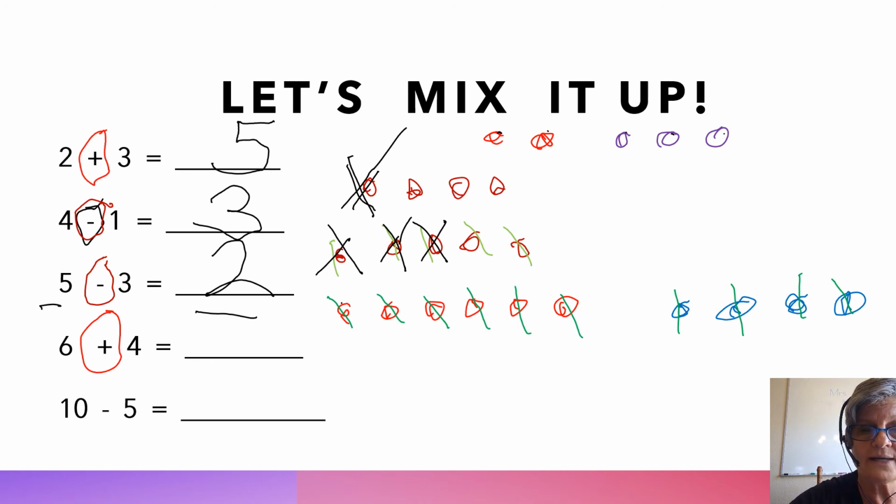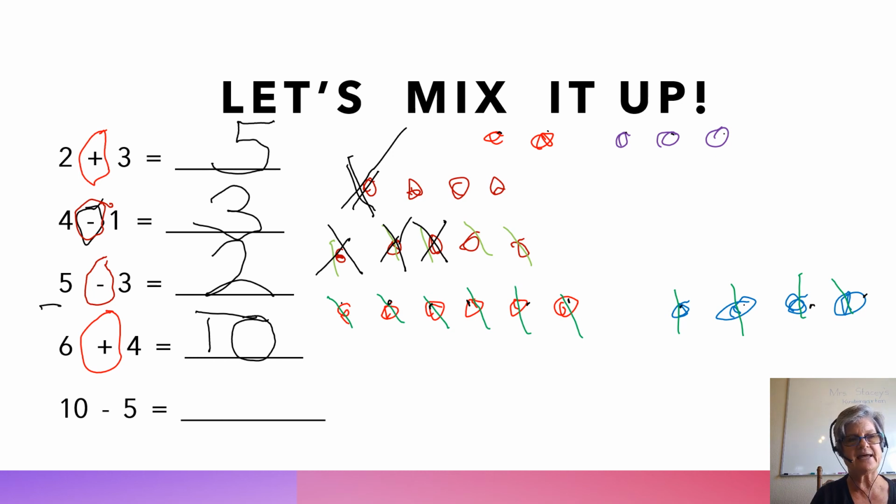I go 1, 2, 3, 4, 5, 6, 7, 8, 9, 10. And I have 10. It's a 1 and a 0 is 10. 6 plus 4 equals 10. That's an adding problem.